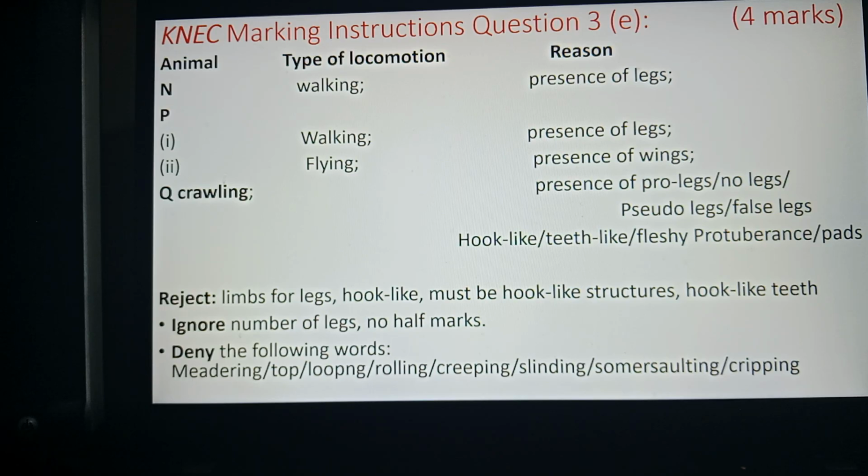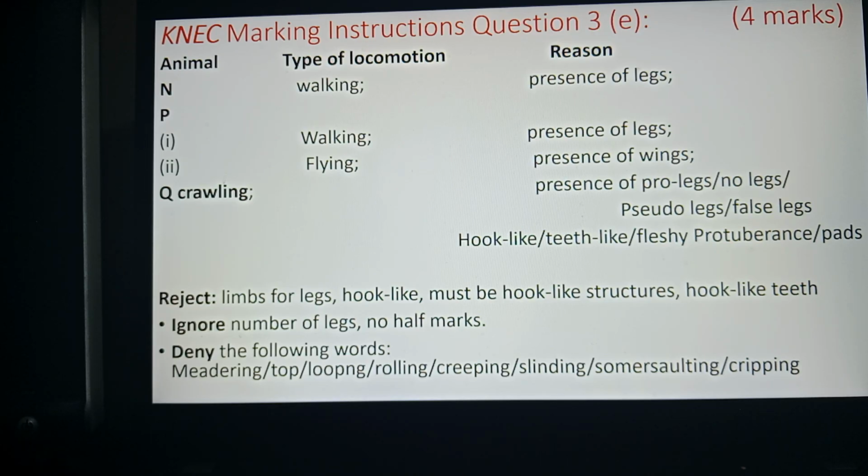N, walking, presence of legs. P, walking and flying. Walking because of presence of legs. Flying because of presence of wings. Crawling for Q, presence of pro-leg, or no leg, or pseudo leg, or false leg, hook leg, or teeth leg, or fleshy protuberance or pulp. Reject ribs or eggs.